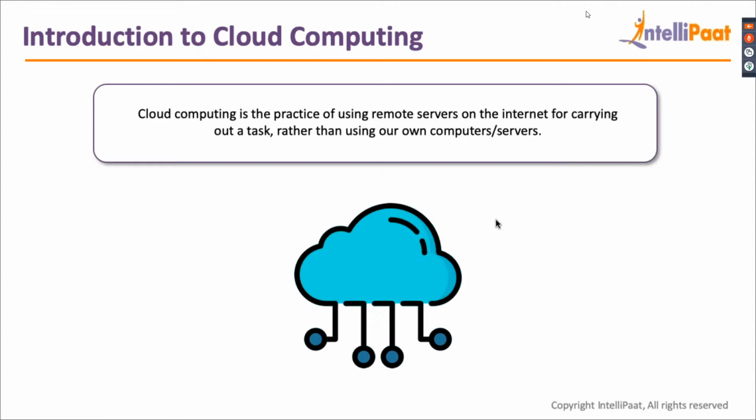That means that instead of buying servers, let's say if you're a company, instead of you buying servers, you can rent servers from companies at a very cheap price, right? And that is exactly what cloud computing is. And there are a lot of companies which basically work on this business model, and we're going to talk about them in a little while. And Google Cloud is basically one of them.